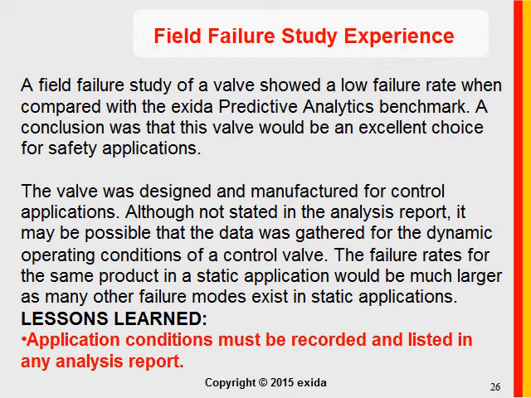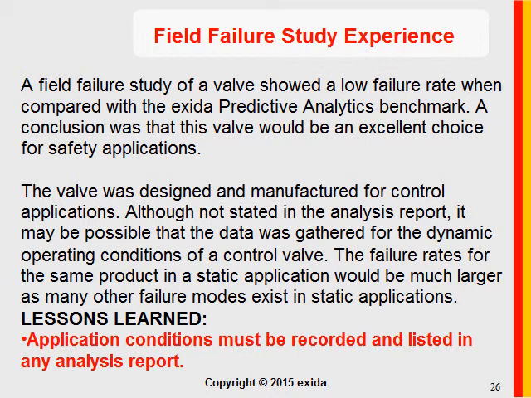Another question, thanks. Did this example use the control valve in an SIS application with a separate solenoid? Actually, we don't know because application conditions were not recorded in the failure reports. So we had insufficient information, but someone used that information to calculate a failure rate without even knowing the application.